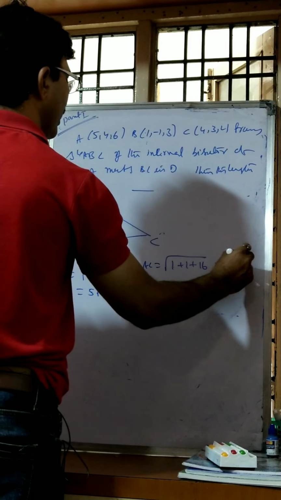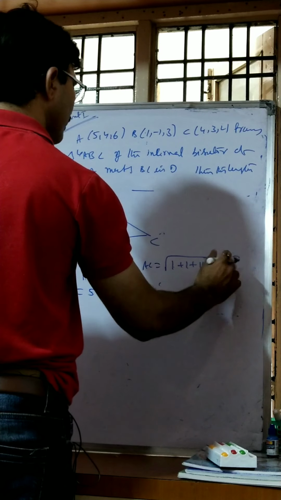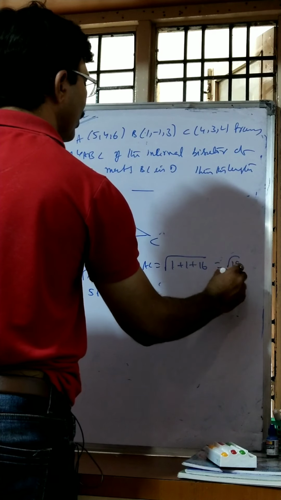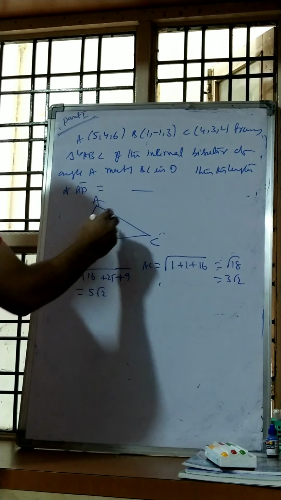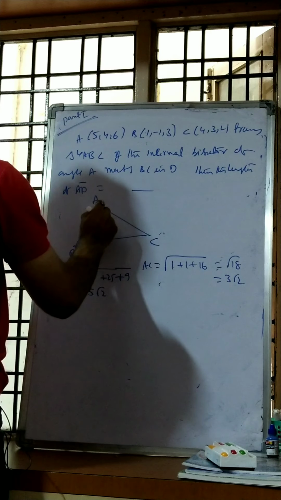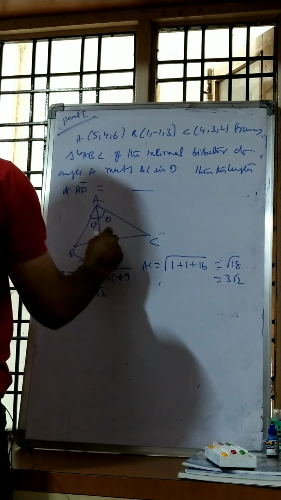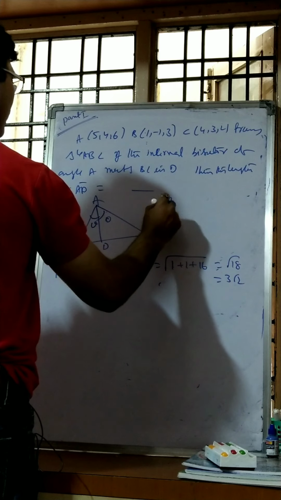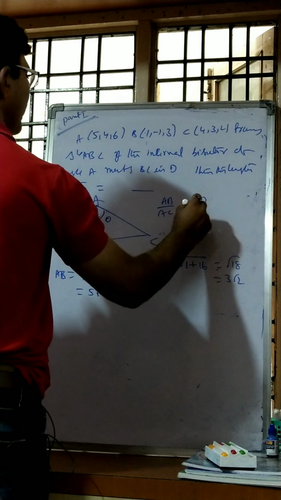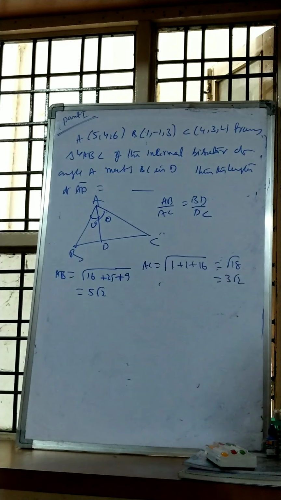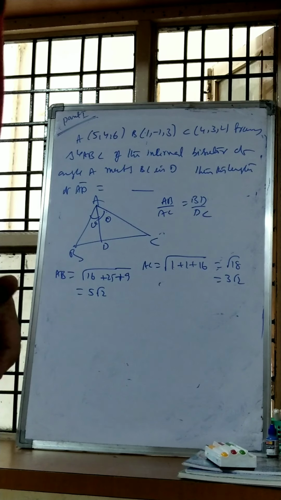So root 18 means 3 root 2, you can say. So what is the condition here? This is the internal angle bisector D. So AB by AC is equal to BD by DC, sir.